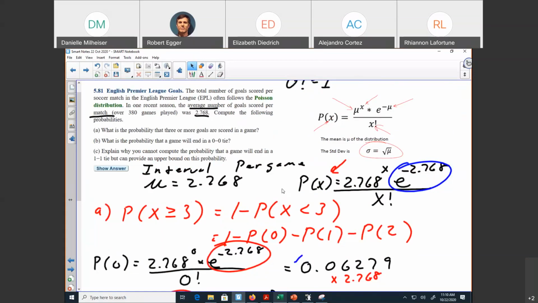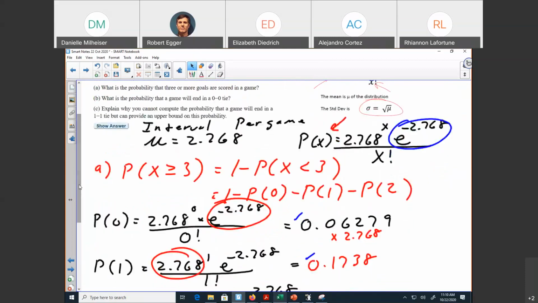So for the match, which is the interval the Poisson distribution is set for, 0 goals means no one got a score. So that's 0-0. So this is also the answer for part B, the probability of having 0 scores.